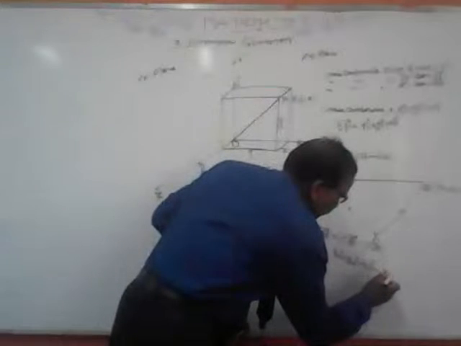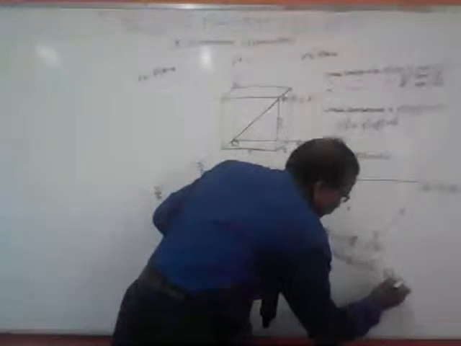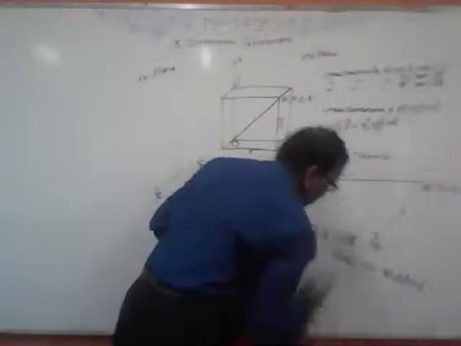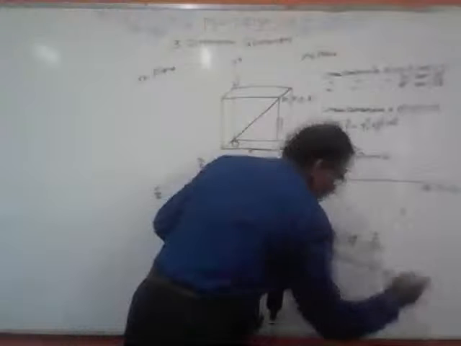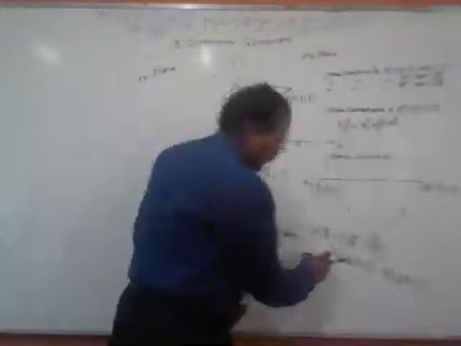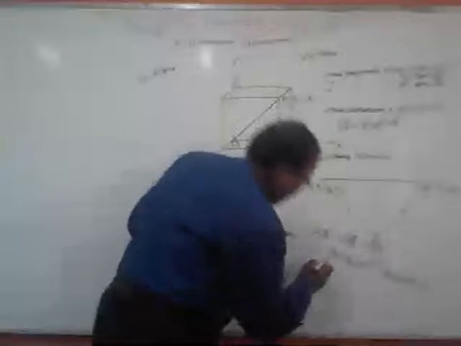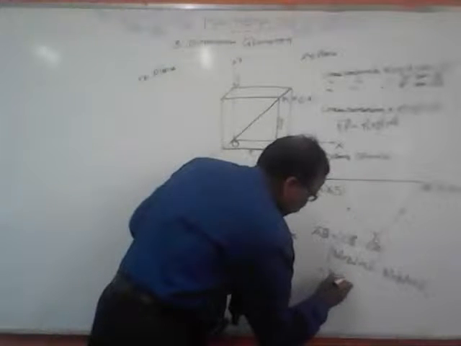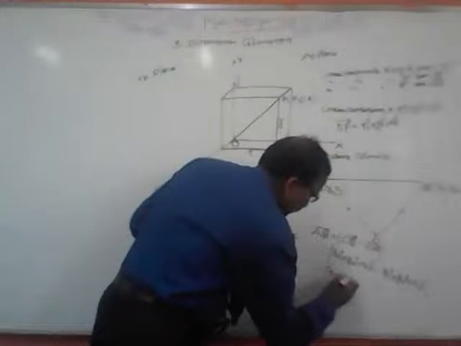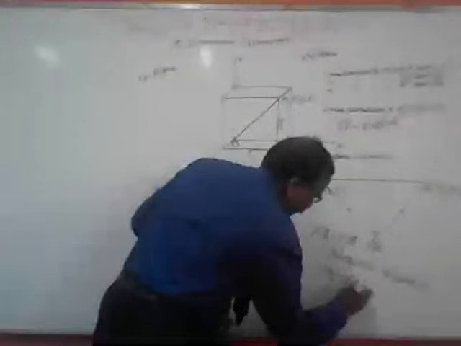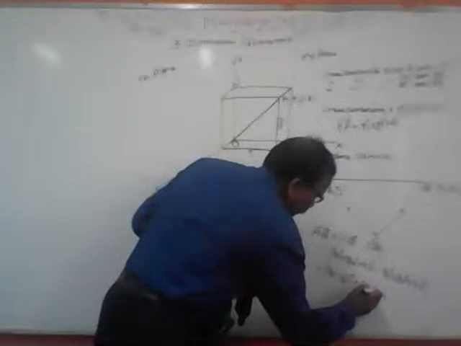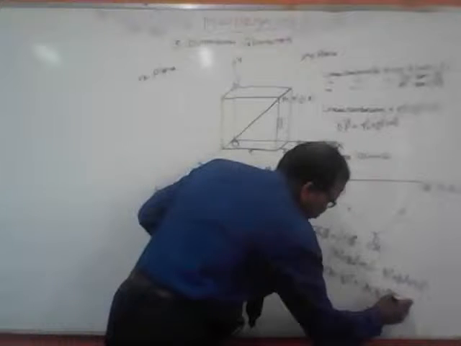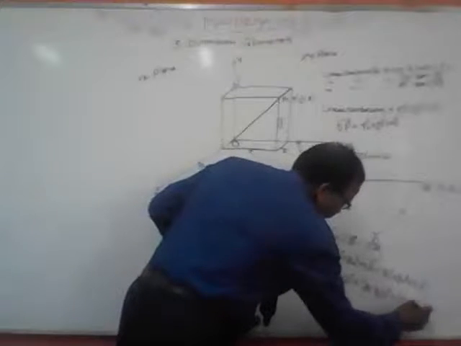So AB equals (x2 minus x1) i plus (y2 minus y1) j plus (z2 minus z1) k.